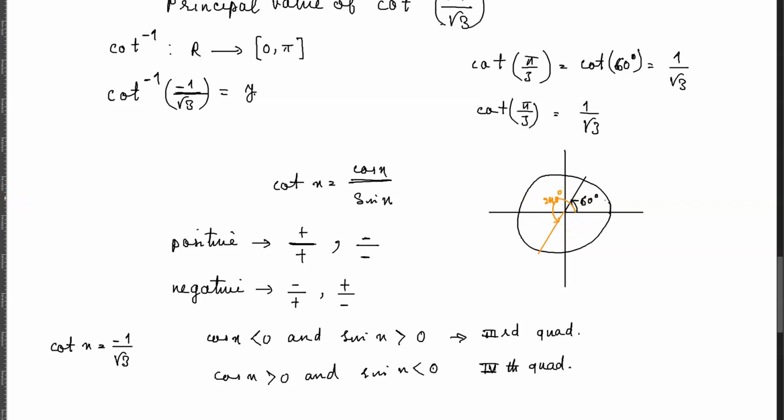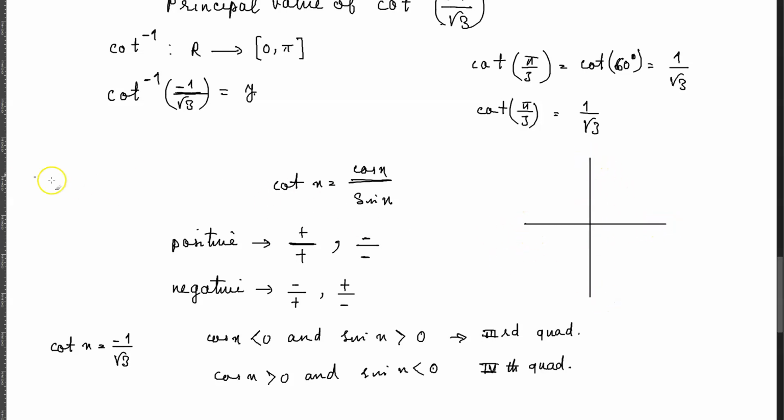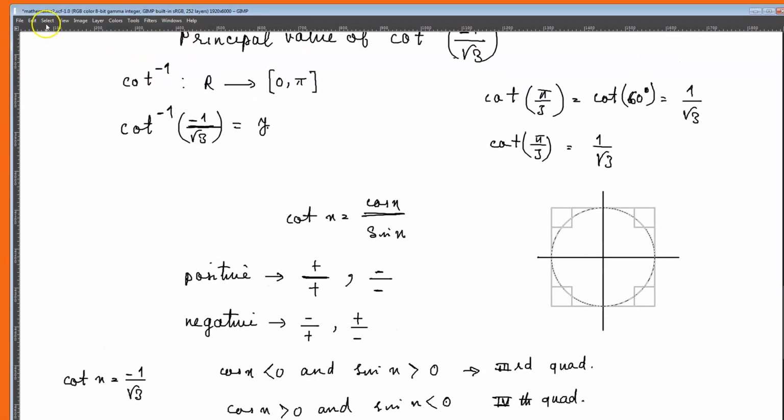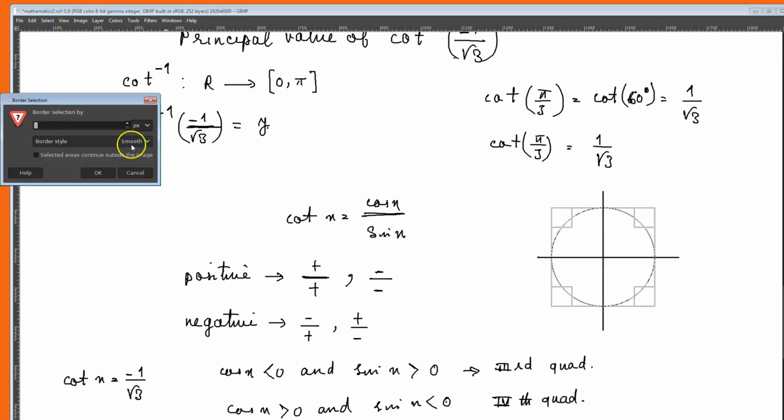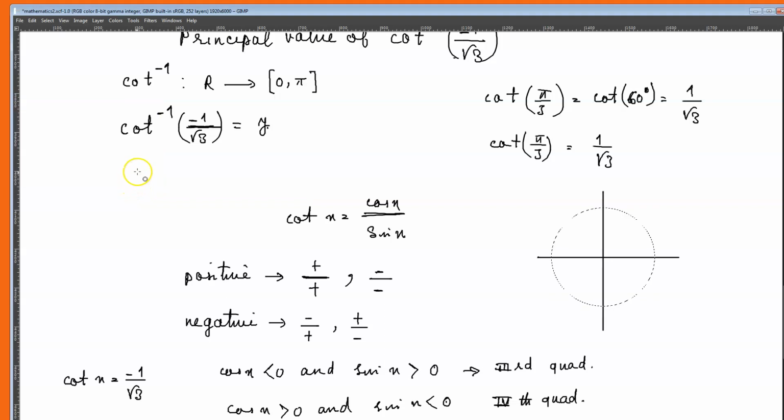So 240 degrees is some angle. Now, let me actually do the unit circle in a proper way so that we can work with it. So let's say that this is your unit circle, and let's say that this is a circle that you draw here, and now I'm going to select the border.